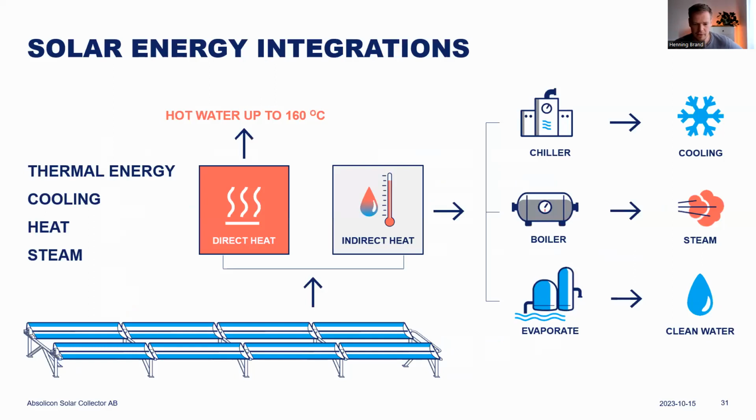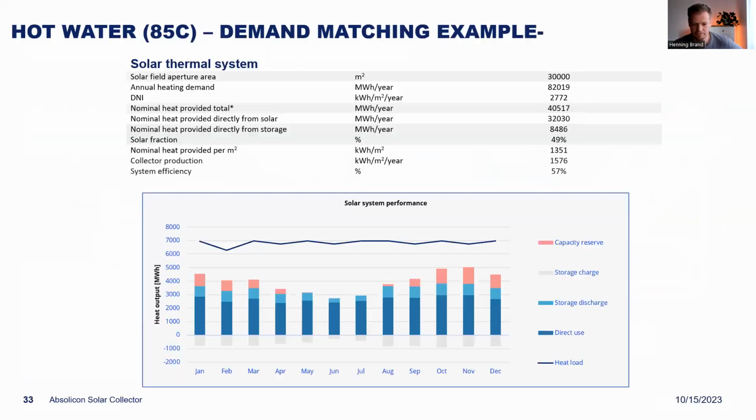When I say replace boilers, I actually mean replace the energy that the boilers normally use, because you do need to work in conjunction with another energy source, because the sun is not always available.